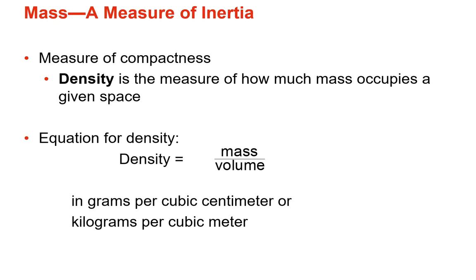Okay, but the key here, density is mass divided by volume. Now volume is how much space something takes up in three dimensions. So if I have a cube with three sides, A, B, C, the volume is equal to A times B times C. If A, B, and C are lengths, they all have units of meters.